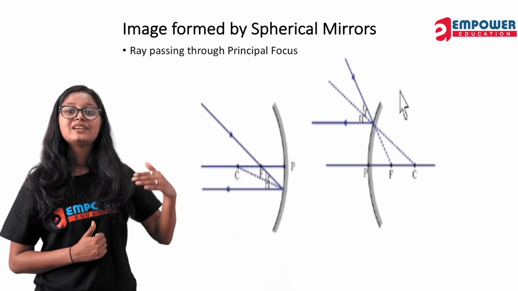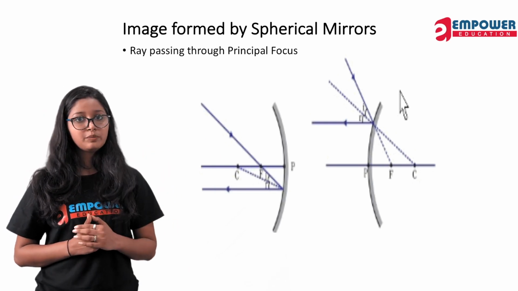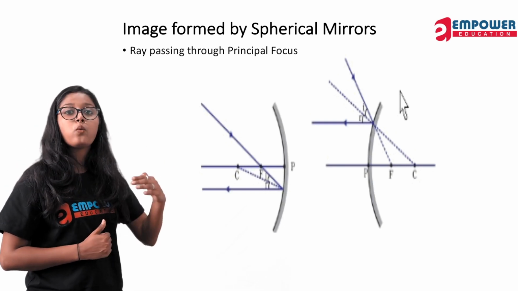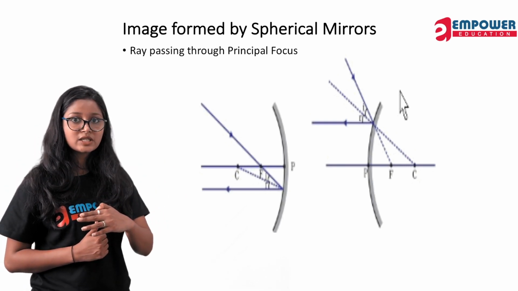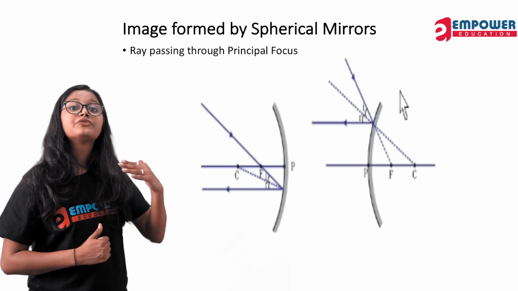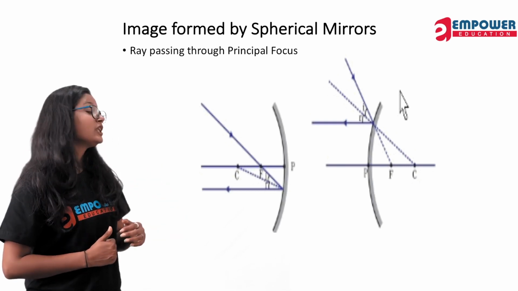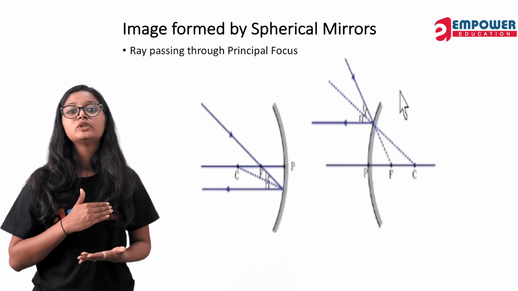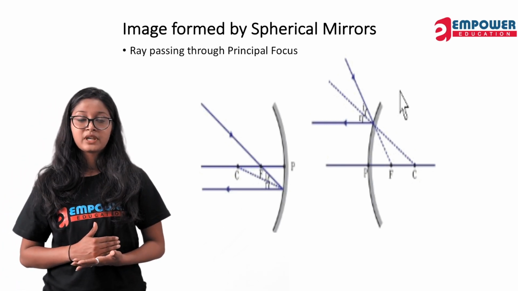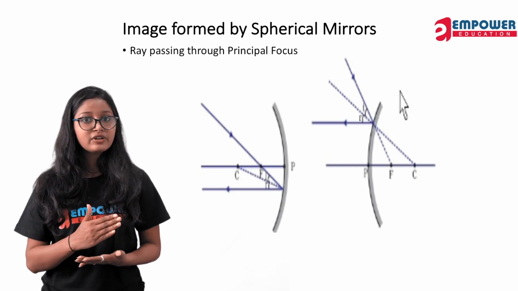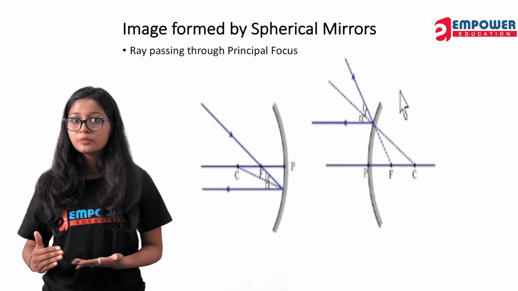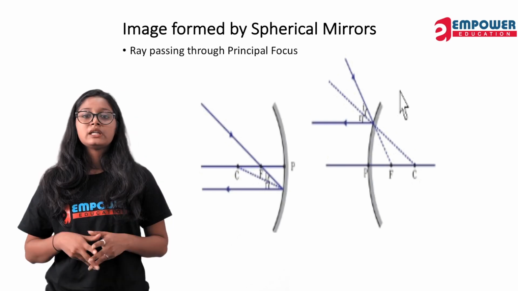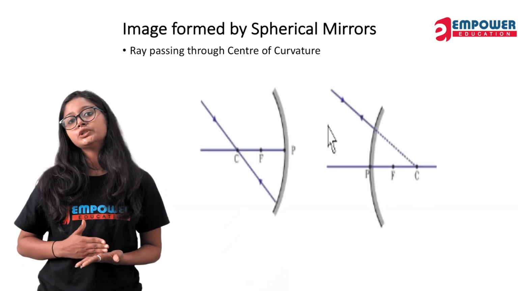You see, when the ray is passing through the focal point, it will strike the reflecting surface. Once it strikes the reflecting surface, it will get reflected back. And you see here that the reflected ray is parallel to the principal axis. So if the ray of light is passing through the focal point, it will move parallel to the principal axis. Now, let's talk about the third rule.